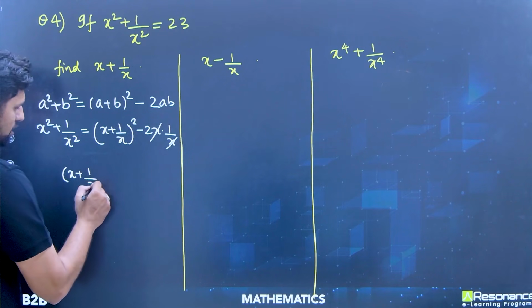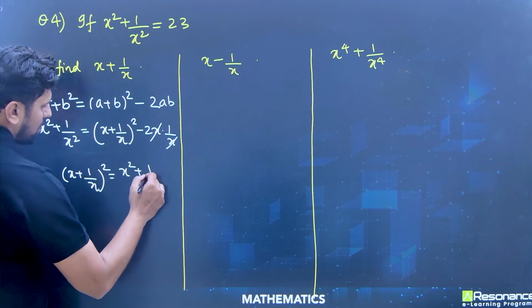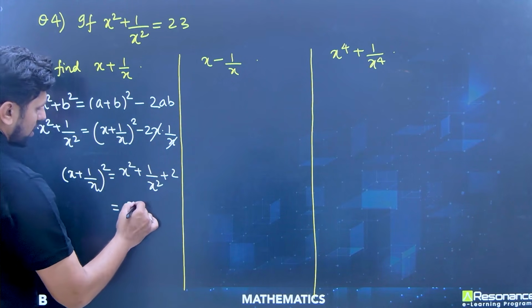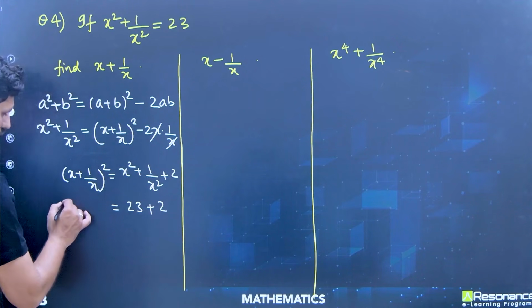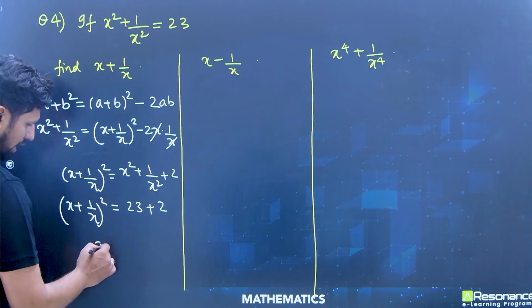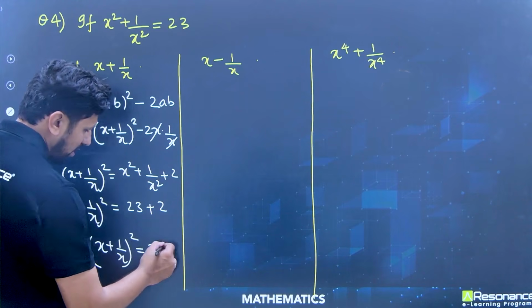So x plus 1 by x whole square will be equal to x square plus 1 by x square plus 2. This is given as 23 plus 2. So x plus 1 by x whole square is equal to 25.